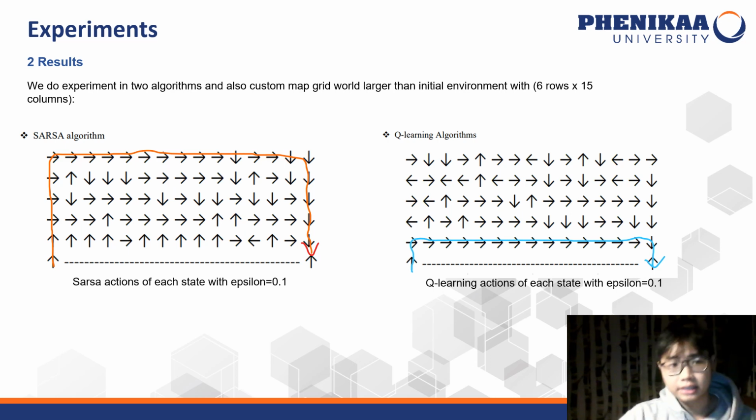As you can see here, with SARSA, averaged at epsilon from 0 to 0.1, we see that the path is very safe: it moves to the top, goes straight, and goes to the treasure and comes to the goal. But with Q-learning, it's quite the optimal path, but very risky, and you can see here. But the path is shorter.